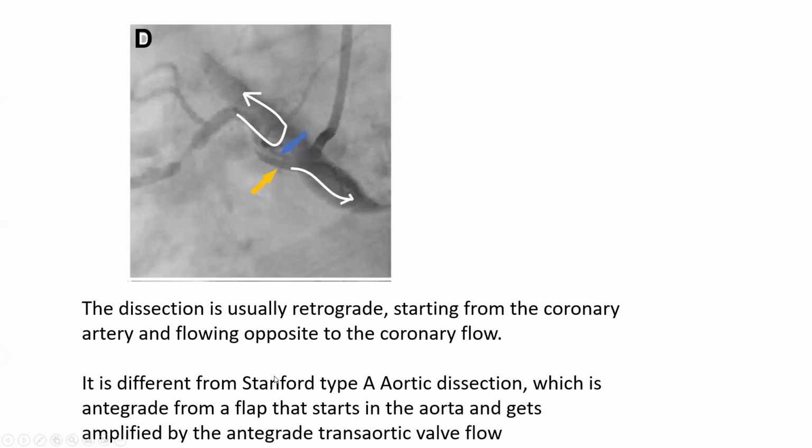This is different from Stanford type A aortic dissection, which is an antegrade dissection starting from a flap in the aorta that gets amplified by antegrade aortic flow. So a retrograde coronary dissection in the aorta is more benign than the classic Stanford type A aortic dissection.